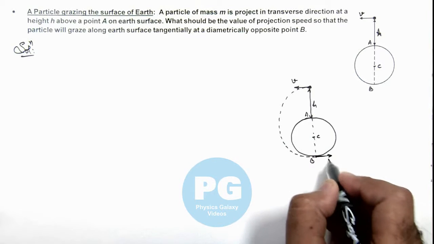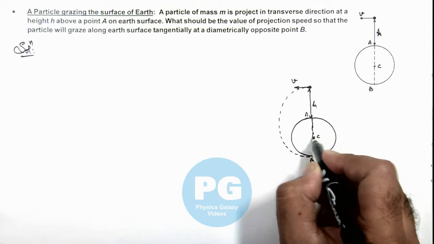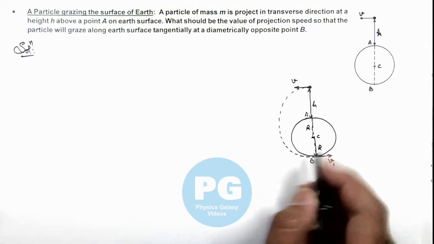Say if this speed is v1, this distance would be r, and at this starting point the distance from the center of Earth will be r plus h.